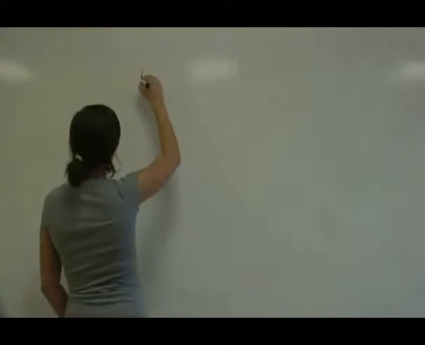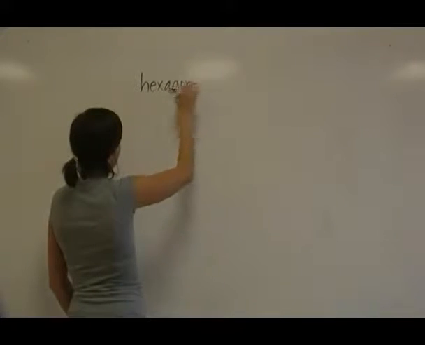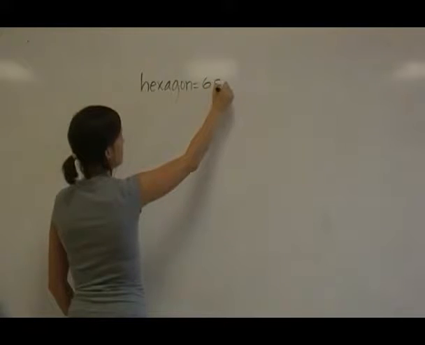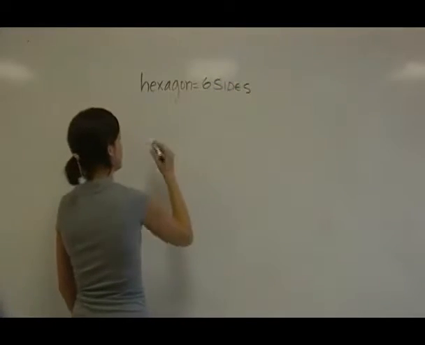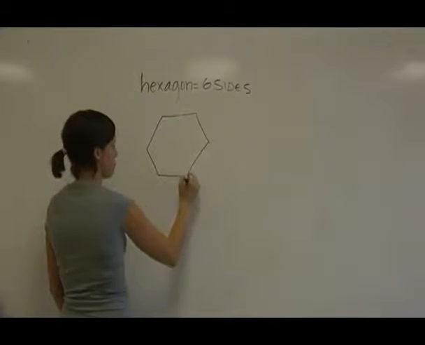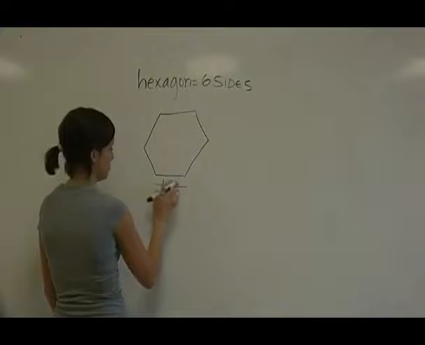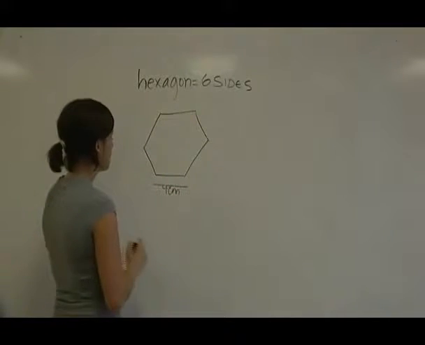Number 6 asks you to find the area of a regular hexagon with sides of 4 centimeters. So let's write out hexagon. Hexa means 6. So we have 6 sides. So let's draw our picture. And we know that one side is 4 centimeters. Okay?